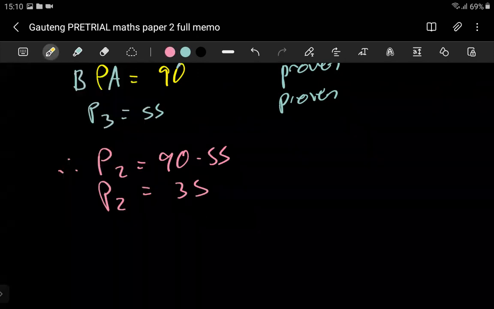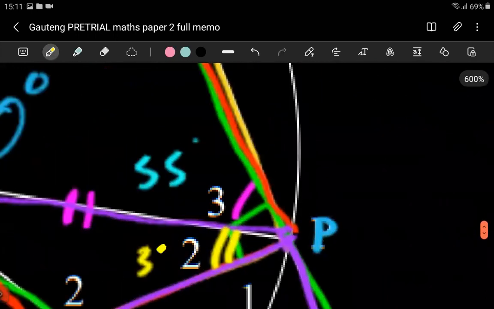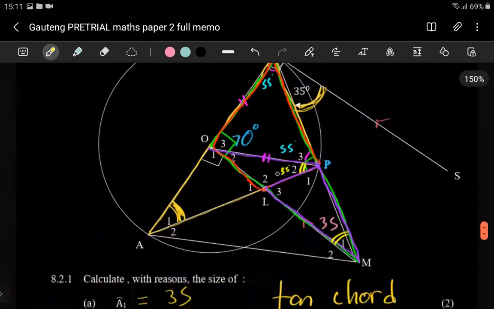Because you've shown that this angle definitely is 35 also, you're good to go, because you are showing that this angle at the tangent is equal to the angle here, which is subtended by this chord of our circle.